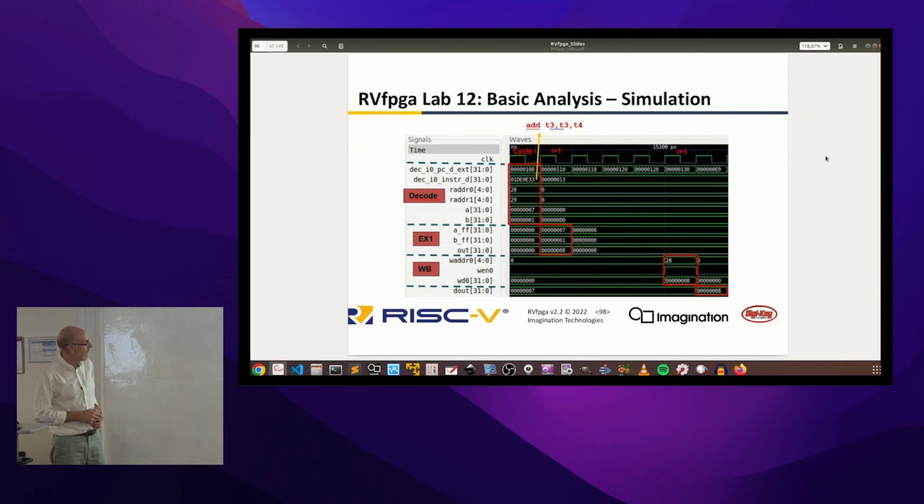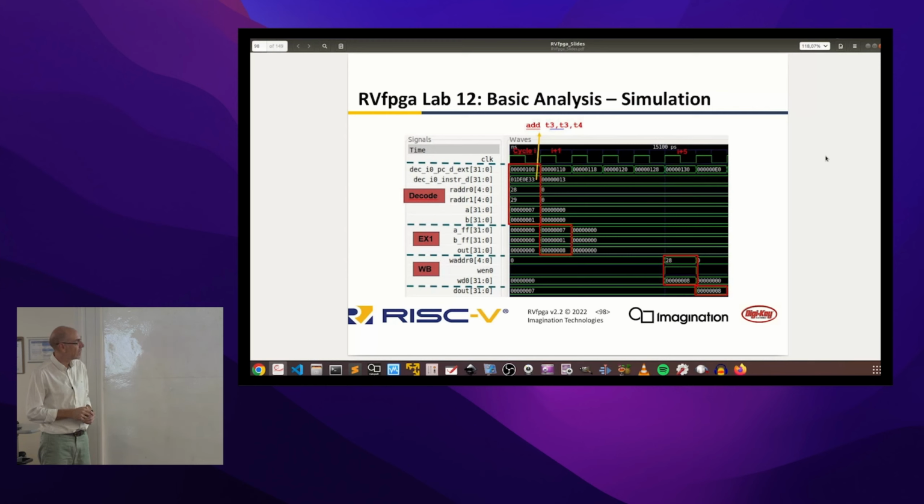And then we have the register addresses, which are 28 and 29. Note that t3 and t4 are just aliases for registers 28 and 29. So what we see in the signal is 28 and 29, but this corresponds to t3 and t4. And these are the values that we read from the register file, 7 and 1.